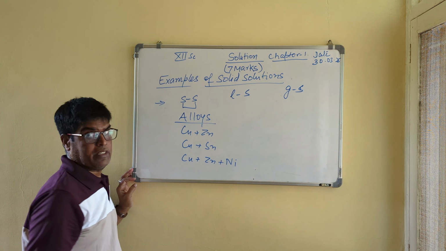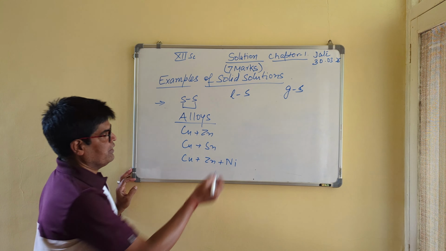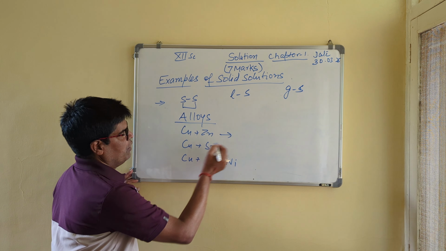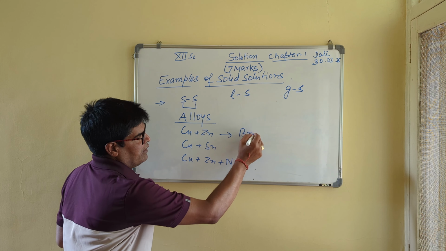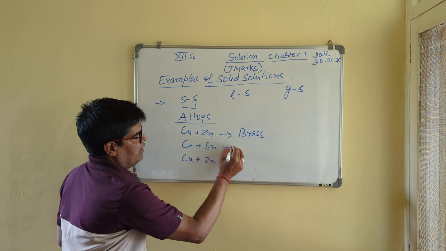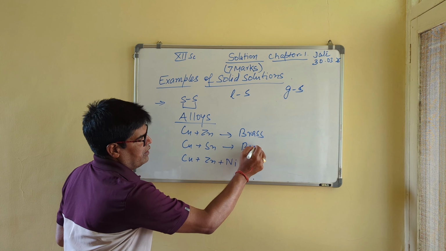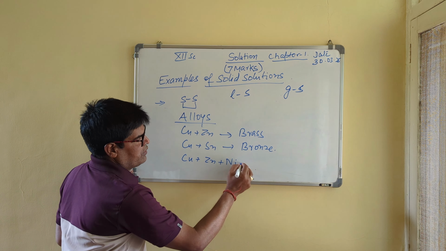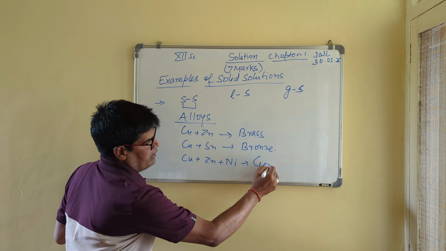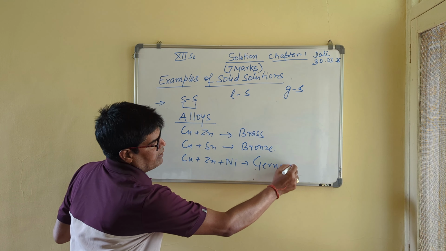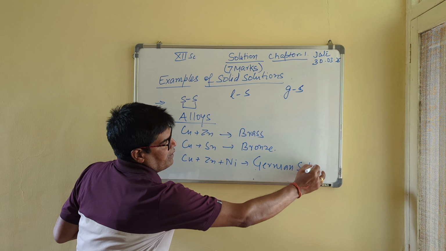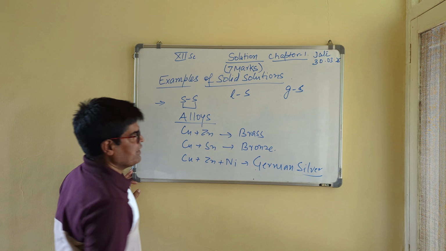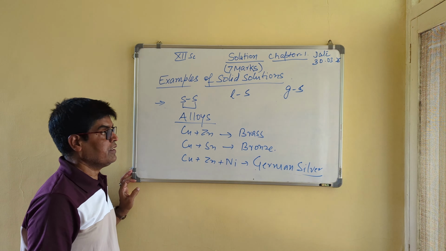These are very important examples of alloys. The first is called brass, the second is called bronze, and the third is called German silver. These are all examples of solid in solid solutions.